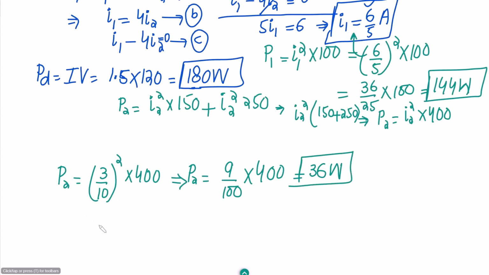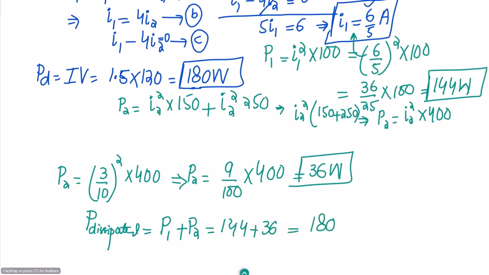From it we have got that the total power which is dissipated, that is P1 plus P2, 144 plus 36, that is equal to 180 watts.